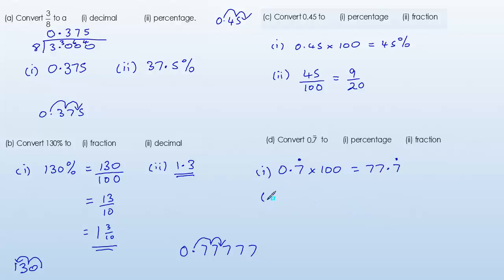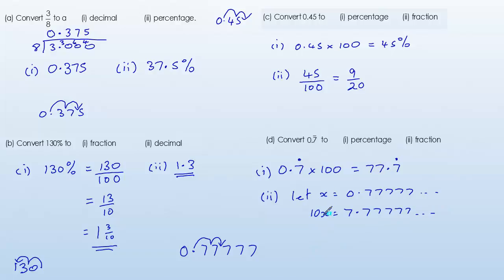Now as a fraction, this one is the trickier one. So let x be equal to 0.77777 and so on. Then, because it's just a recurrence pattern of one digit, 10x would be equal to 7.77777 and so on.